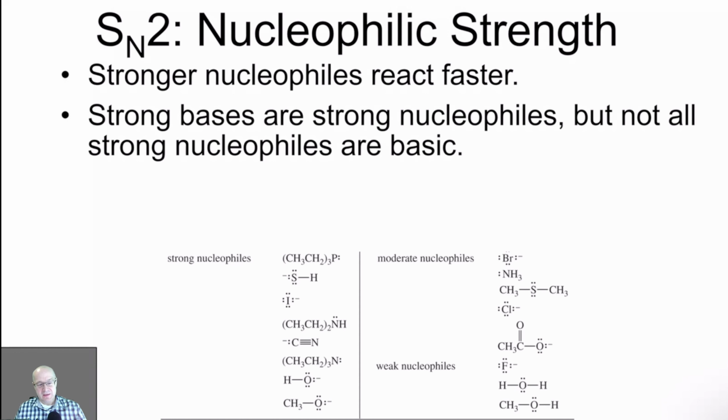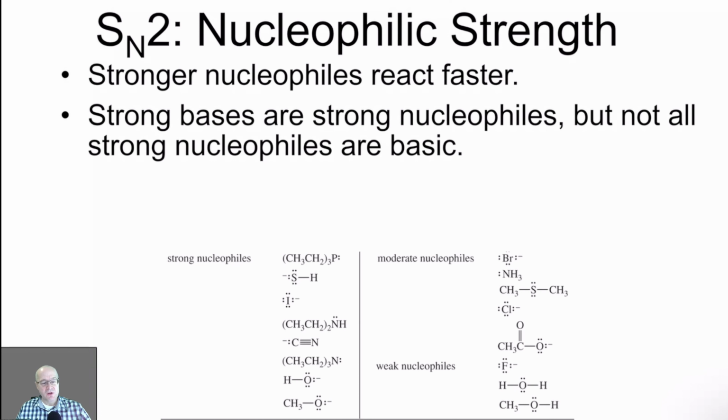Well, bases are negative. Nucleophiles are negative, so they're both negative, or slightly negative, delta negative. The difference is this. A base, especially if we're talking about Bronsted bases, attacks protons.